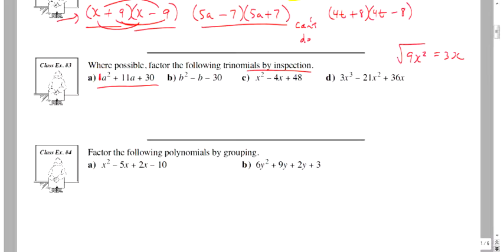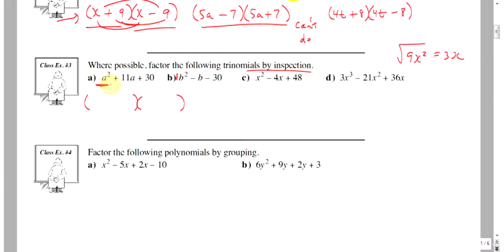If they're small, like these are, we're just going to throw down a couple sets of brackets and see if we can piece it together. Tomorrow we'll do the ones that are a little more difficult. Okay? Like 12b squared. Well, 12, I don't know what to put there. Is that 12 times 1, 4 times 3, 6 times 2? Okay? All right. But don't worry. Today, we're just going to throw down a couple sets of brackets, piece it together.